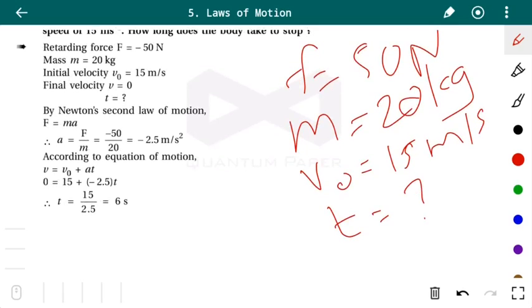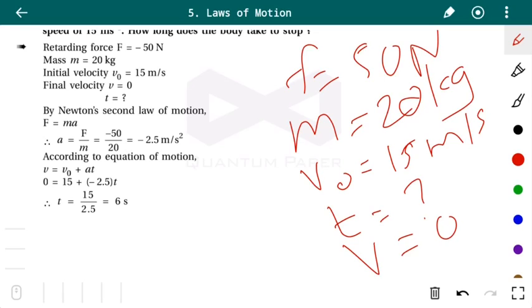So we can write final velocity is 0. So here you can see we are having force, mass, V0, V and T we need to find. Now see, from this data we can use the equation, that is V equals to V0 plus AT.